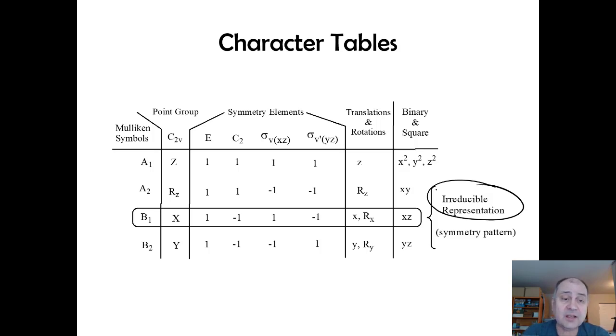As I said, every point group is going to have all of its operations listed, and then we have the translations and rotations, which are IR active, and the binaries and squares, which are Raman active. And so here in this case, all the bands that are deduced from what we're about to do will be IR and Raman active.